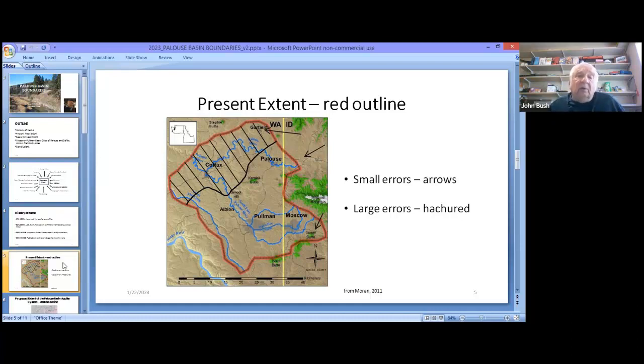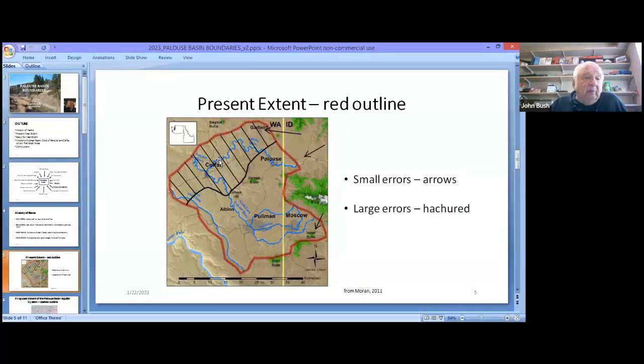up to recent time, we eliminated the Colfax area shown here in hatched areas. That was based primarily on the fact that the Colfax water levels, the long-term water decline records, the subsurface expression of the Grand Ronde basalts, didn't match those in the Pullman area, and there was never any real information showing that they were connected.